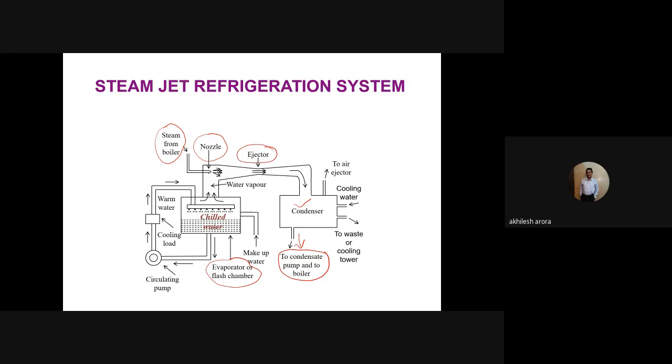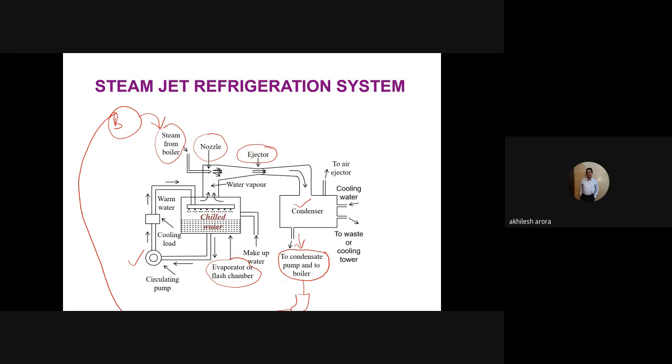So basically the steam which is condensed in the condenser is passed through a, you can say, a pump here, and from the pump it goes to, let us say, if we have a boiler here, and from the boiler the steam goes to the ejector.